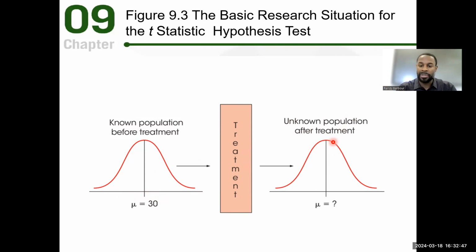You're going to be estimating the population value using a sample, and you're going to be using a sample standard deviation. And so we start talking about confidence. Again, since we do not know the population mean after the population is treated, we'll have to estimate that as well. And we'll talk about that as we move forward.